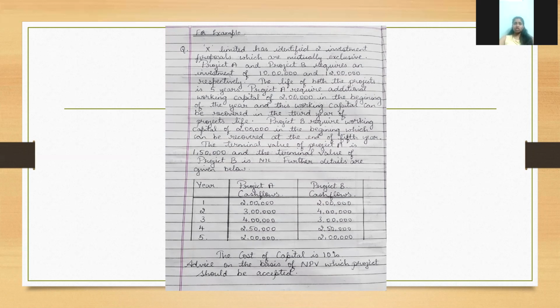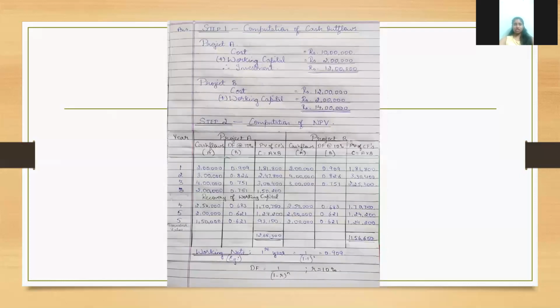For Project A, the cash flows are 2 lakh, 3 lakh, 4 lakh, 2,50,000, 2 lakh. Whereas for Project B, they are 2 lakh, 2 lakh, 4 lakh, 3 lakh, 2,50,000 and 2 lakhs. The cost of capital is 10%. Now we are supposed to advise the company, on the basis of NPV, whether the project should be accepted or rejected.